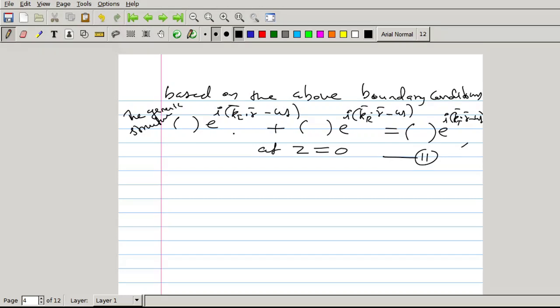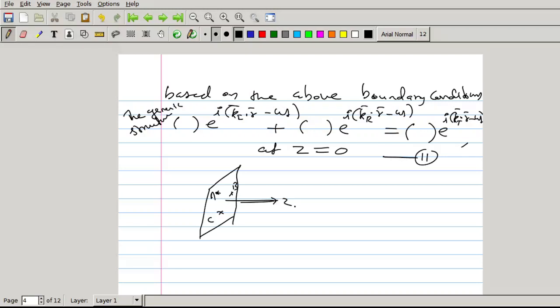But for the boundary condition, if this is the boundary and you take a point A here, then this equation should be satisfied at this point A. If I take another point B somewhere here, then this condition should also be satisfied. If I take another point C, it should be satisfied too.